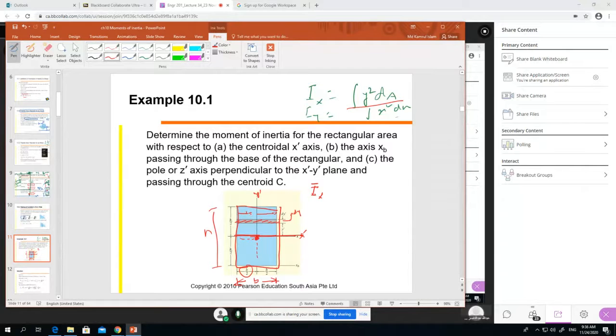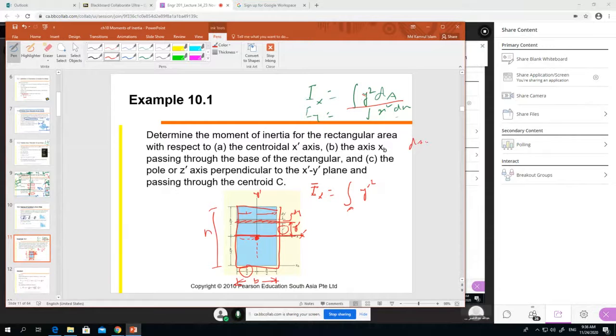Y squared means the distance from the x-axis to the center of the strip. So we take a very small strip. Here is y prime, our distance. So y prime squared is the distance squared, and the area is dA.